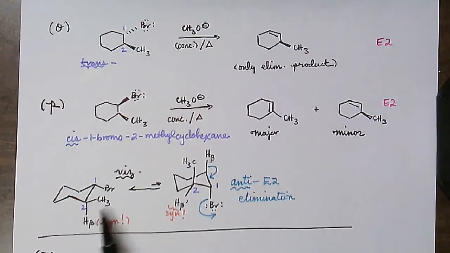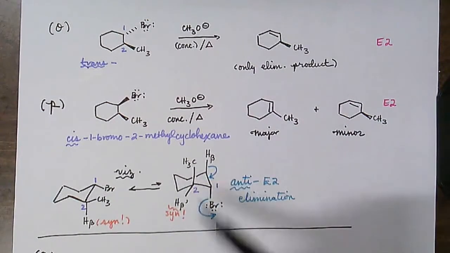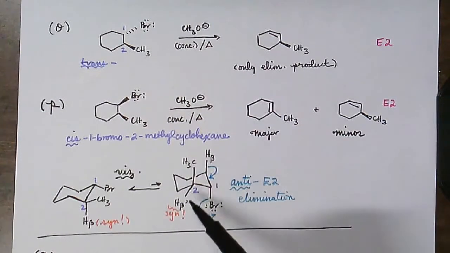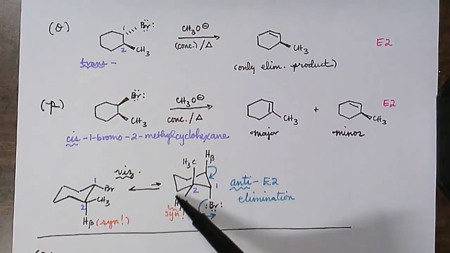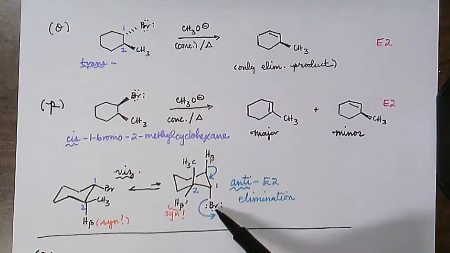When we're heating this, we can produce in equilibrium, via chair-chair interconversion or chair flip, the higher-energy diaxial conformation. When it is in this conformation, it may then undergo E2 elimination. Note that the beta proton on the more substituted carbon, which would lead to the Zaitsev product, that is the more substituted alkene, may not react because the beta proton is syn, or cis, to our leaving group.